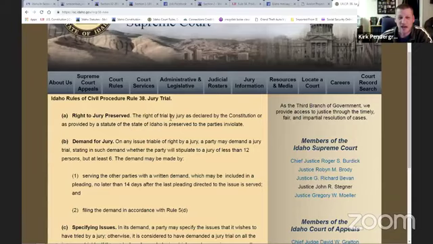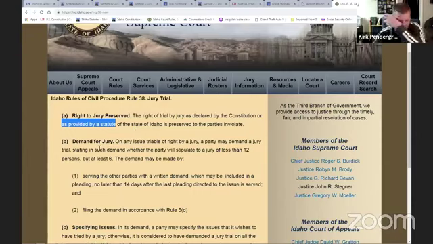The right of trial by jury, as declared by the Constitution, or as provided by a statute, not allowed to codify, of the state of Idaho is preserved to the parties inviolate, right?